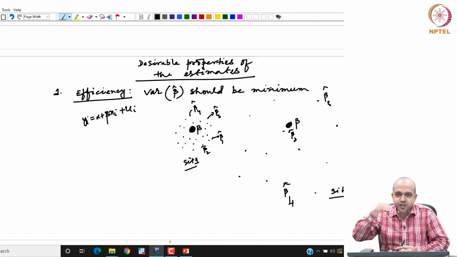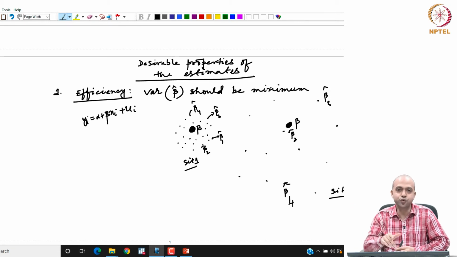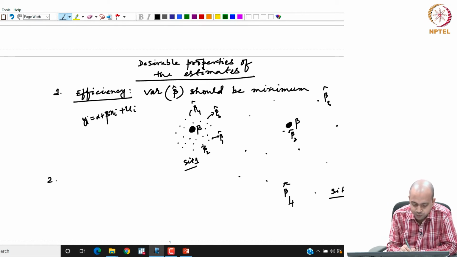What are those assumptions? That we will discuss later. For the time being, just keep in mind that there are certain assumptions that we must make to describe an idealistic situation under which, when we estimate the model, our beta hat value will show the minimum variance property, that is called efficiency. Then the second desirable property that we also need is unbiasedness.